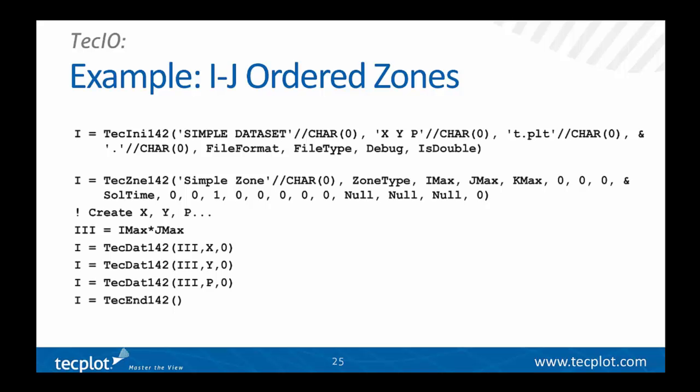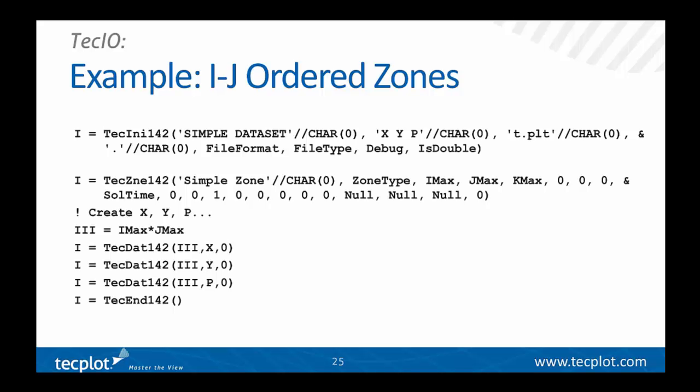And then finally, we're going to tell TecDat how many values. As you can see, we're just dumping our X, Y, and P arrays all in at once with 3 calls. And we don't have any connectivity with an ordered zone, so we don't call TecNode, and finally we close the file with TecEnd. You'll notice each of these returns an integer value.